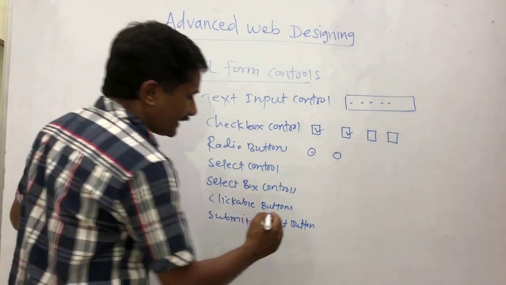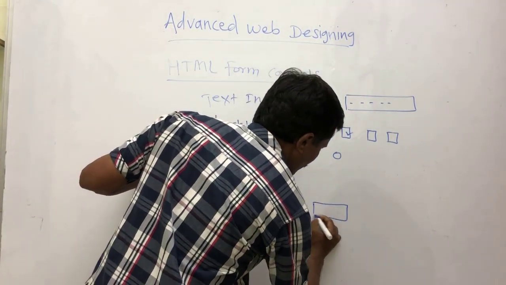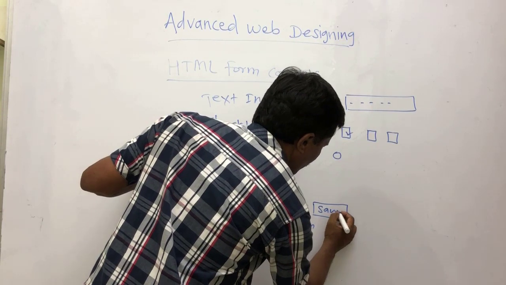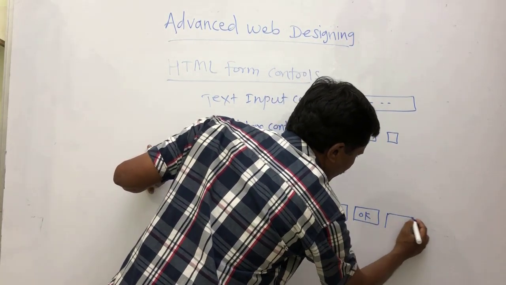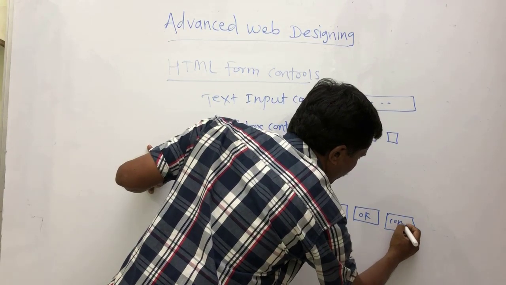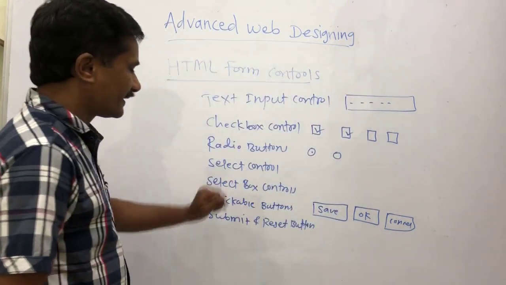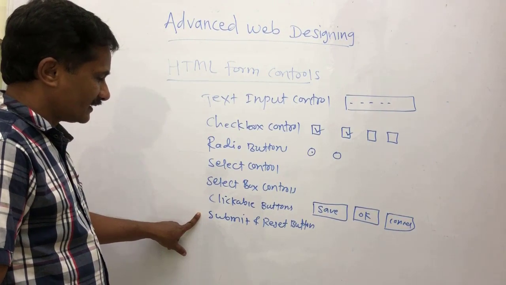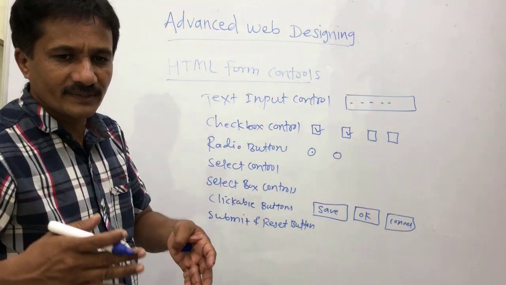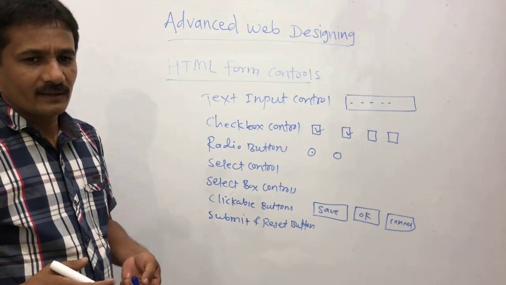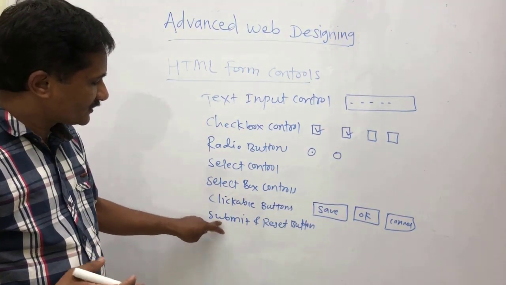Clickable buttons like save, OK, cancel, etc. Submit and reset button. Submit means user can fill the information in the form and then click on submit.